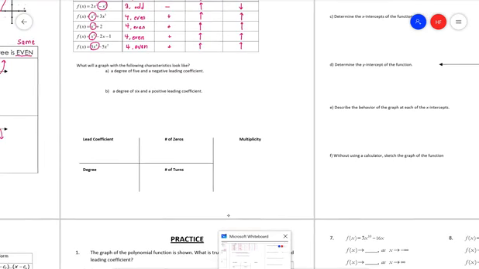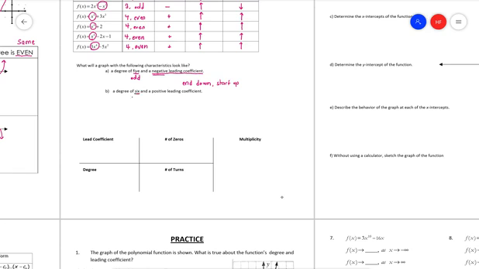So what will a graph with the following characteristics look like? So if we had a graph with a degree of 5 and a negative leading coefficient, degree of 5 is odd, and this says it's negative, so it will end down and opposite start up.